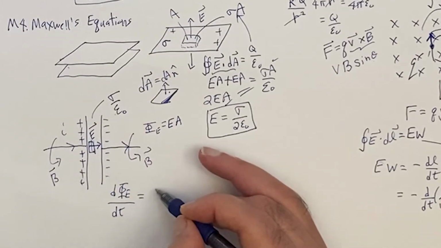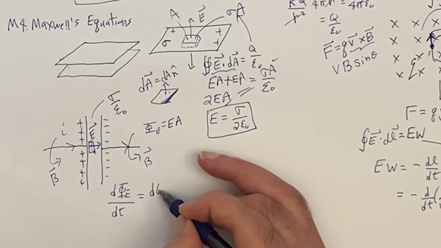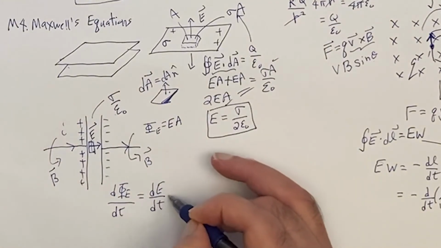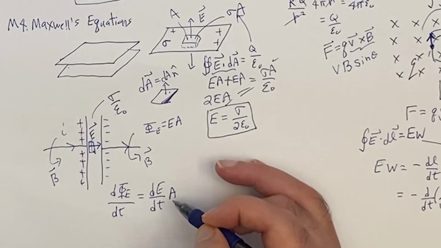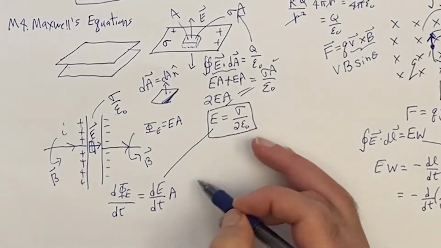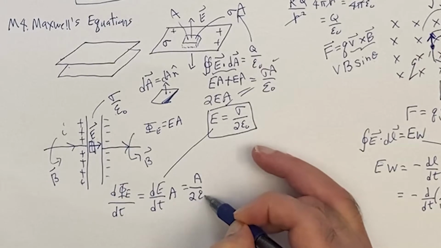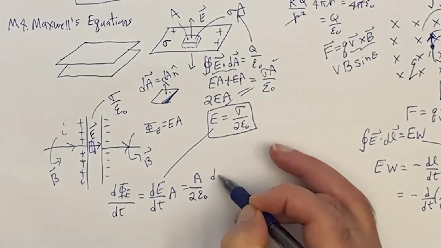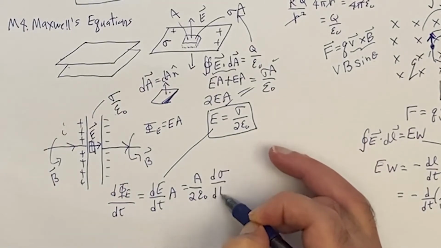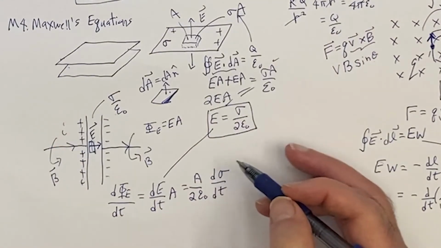And here, the area is not going to change. So this is going to be the derivative of the electric field with respect to time times A. But what is that E? Well, that's this thing. So that means I'm going to have, let's get the constants together. I have a constant A, I have a 2 epsilon naught. I'm going to have a d sigma dt, because see, density's changing. I'm putting more charge on there.